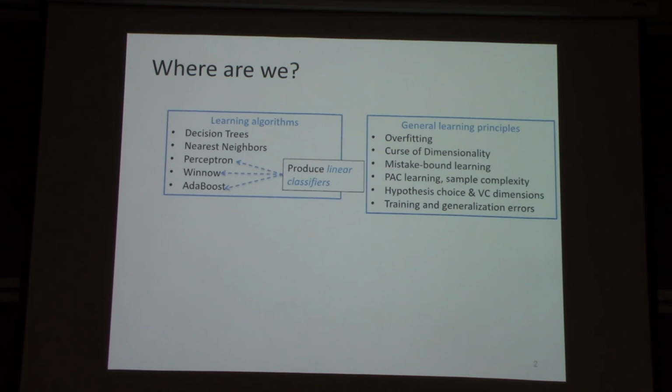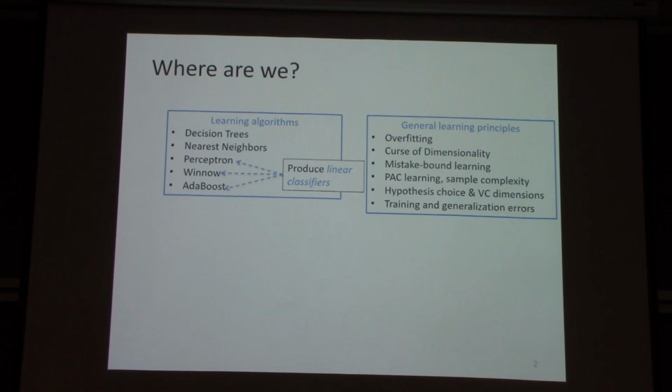Another way of answering the same question is that learning is defined under the PAC framework. And that gives you these ideas of sample complexity and VC dimensions, and how you choose hypothesis spaces and stuff like that. And we spoke about the difference between training and generalization error. These are general concepts of machine learning that can be applied not just to the specific settings that we saw, but more broadly.